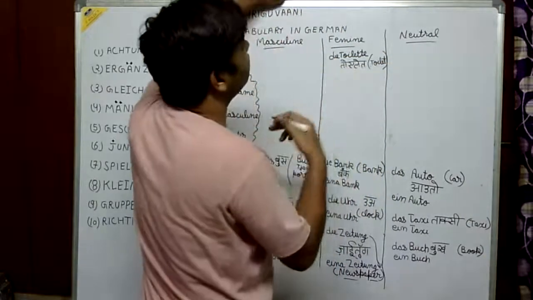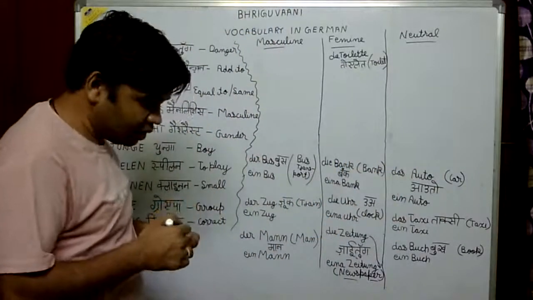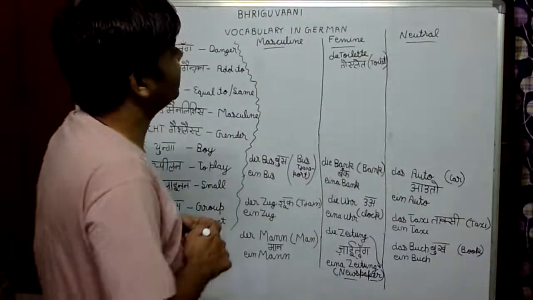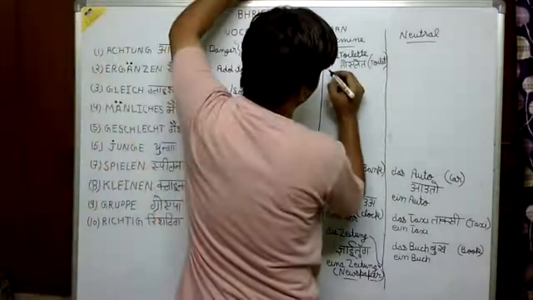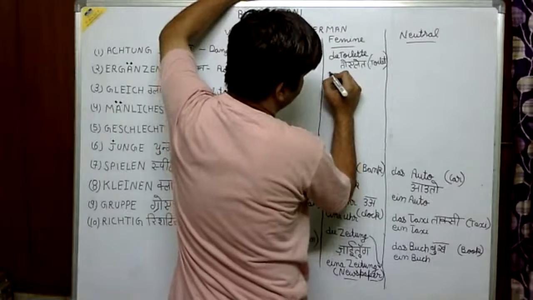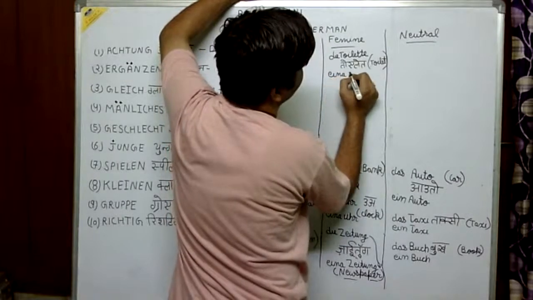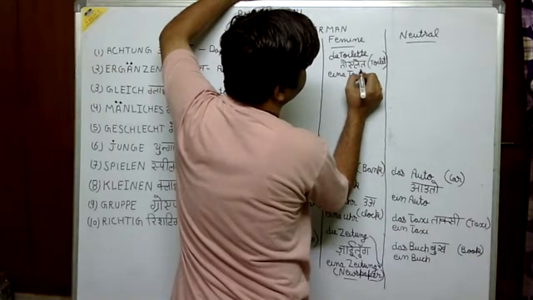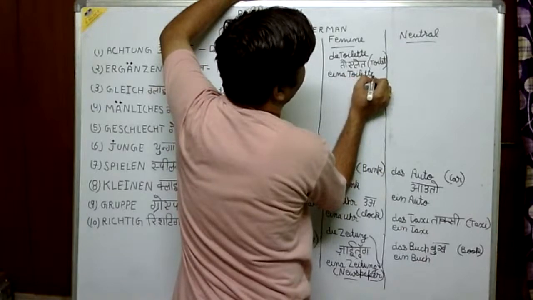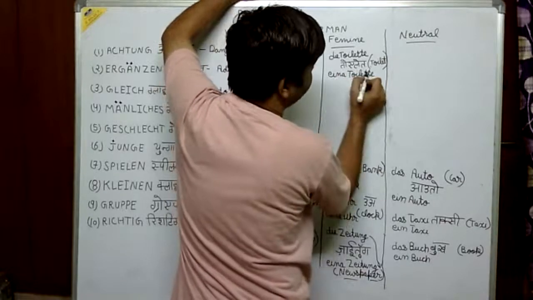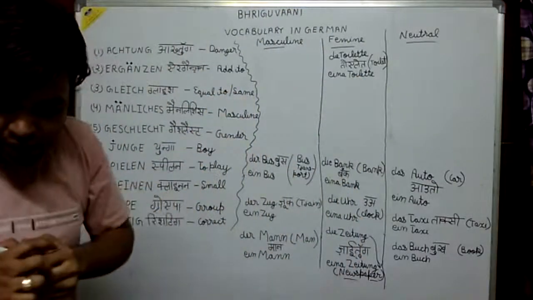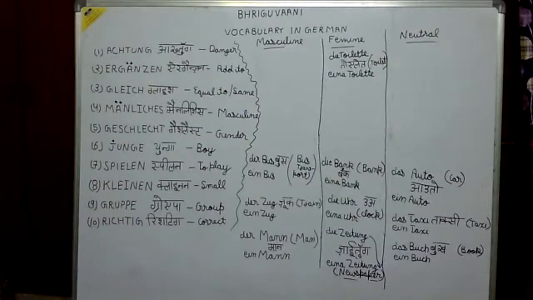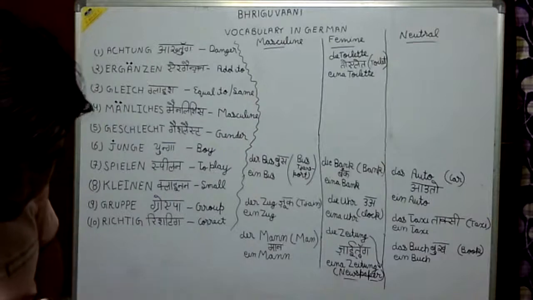So we say die Toilette, or eine Toilette. Now, we again have a word known as Gleis.